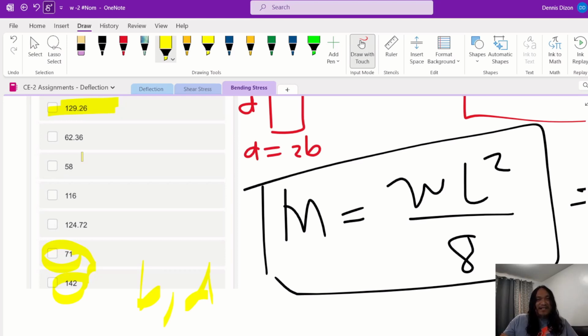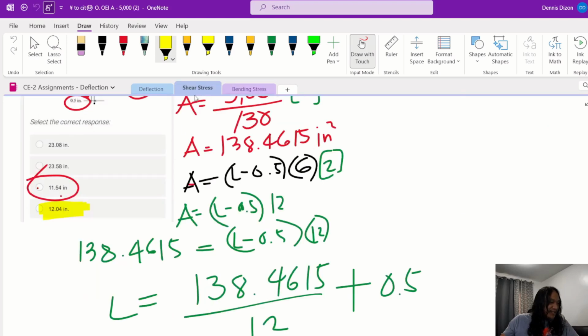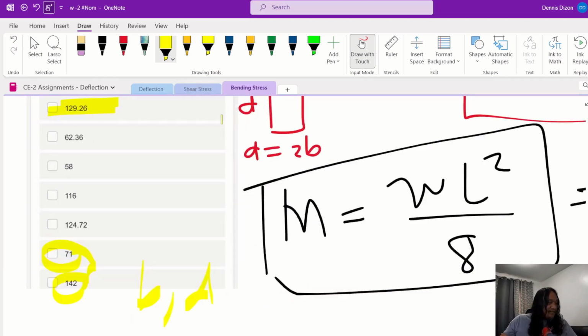If it's not there, whatever is the closest one, that's the answer. Sometimes the differences between the choices are really small. This one is some kind of tricky question: the last one that we answered, where if you did not consider the 0.5, the answer would still be there. So you have to be careful with that.